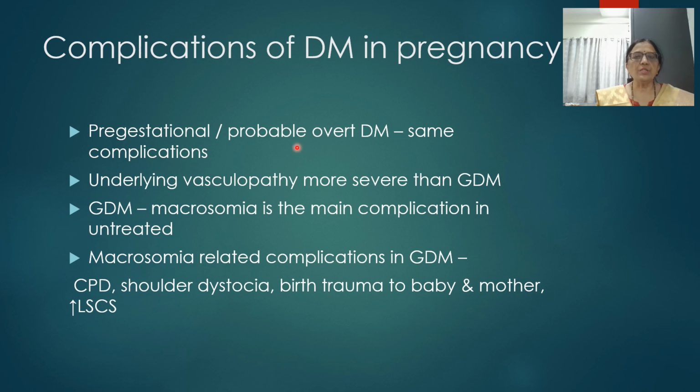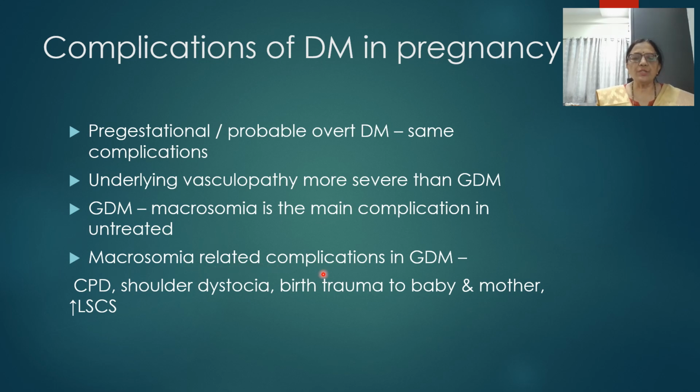In the complications, pre-gestational or probable overt diabetes mellitus behave similarly. They have the same complications. Underlying vasculopathy is more in these pre-gestational or probable overt cases as compared to gestational diabetes mellitus. In GDM, macrosomia is the main complication in untreated women.